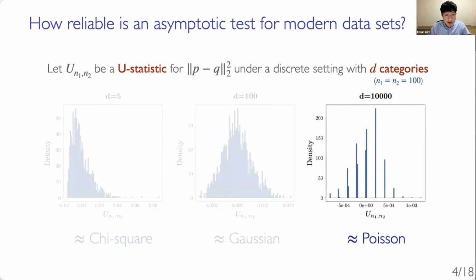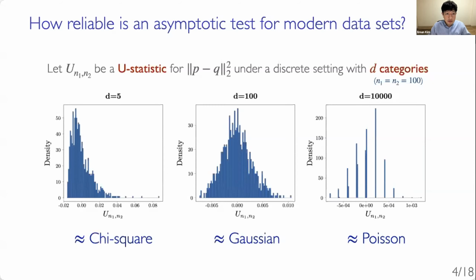And even more dramatic shape can be observed when the number of bins is much larger than the sample size, as in the last figure. And in this case, the distribution of the test statistic becomes much sparser, and it behaves like a Poisson distribution up to some scaling factor.